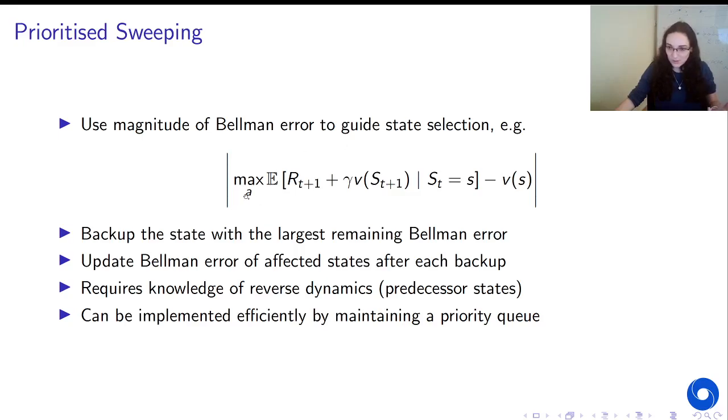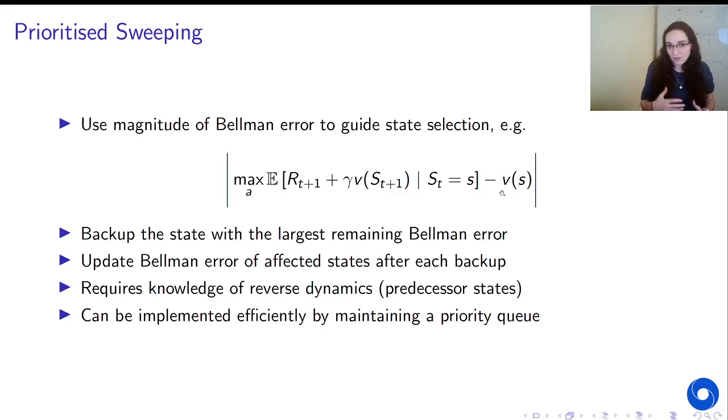The thing to notice here is that for the optimal value function, so if v is v star, this thing is 0. So when we converge to the optimal value function, for each state the priority would be 0. So we would not be selecting these states for update anymore.